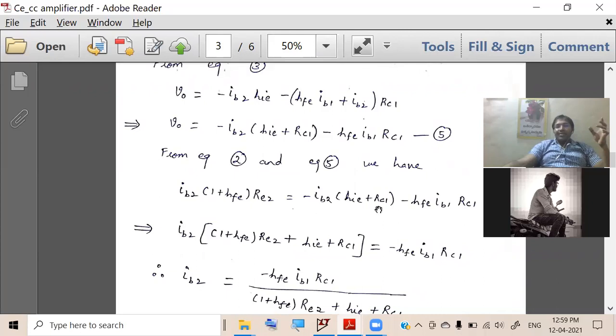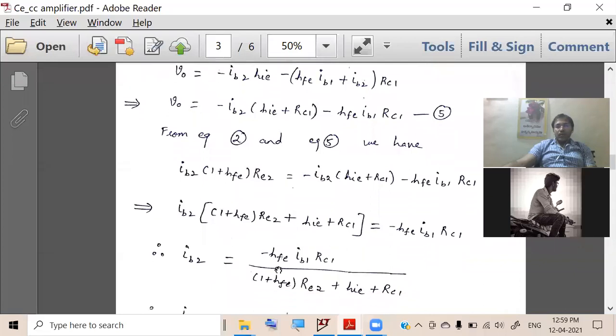If I bring this RHS term to LHS and take IB2 common, this term as it is minus, it becomes plus. So plus HIE R1, IB2 I already took common. What will remain on RHS? Only this term will remain, as it is.